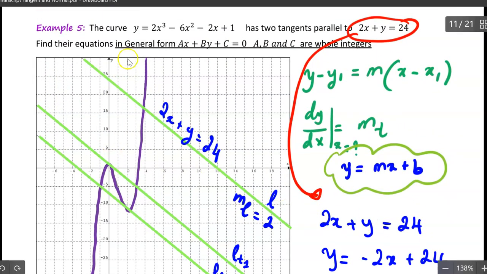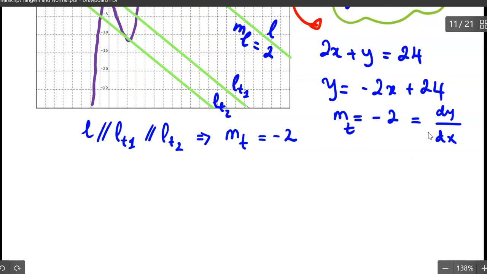Now we can differentiate this equation and see what we get. I have y = 2x^3 - 6x^2 - 2x + 1.